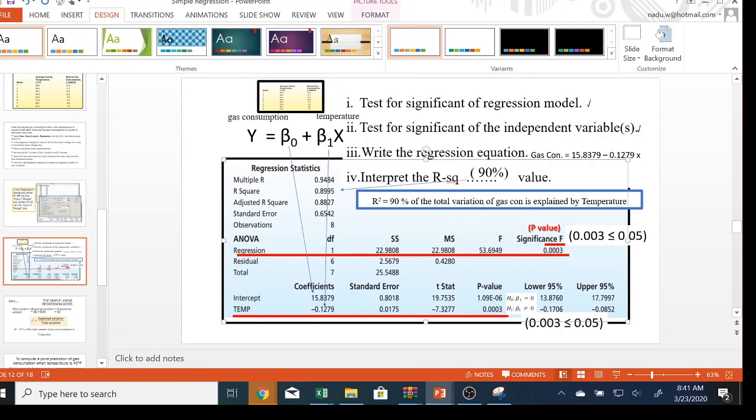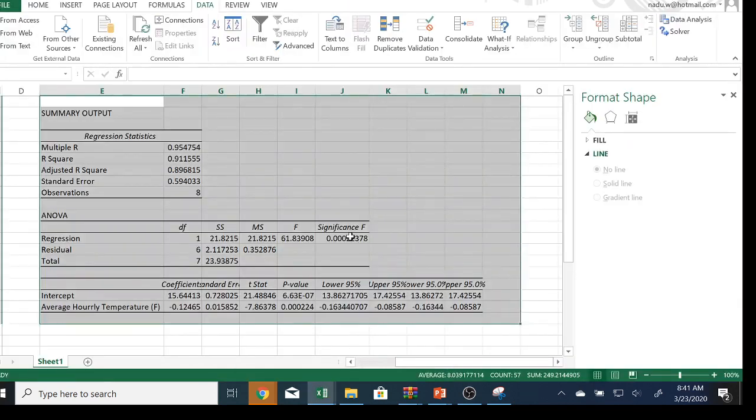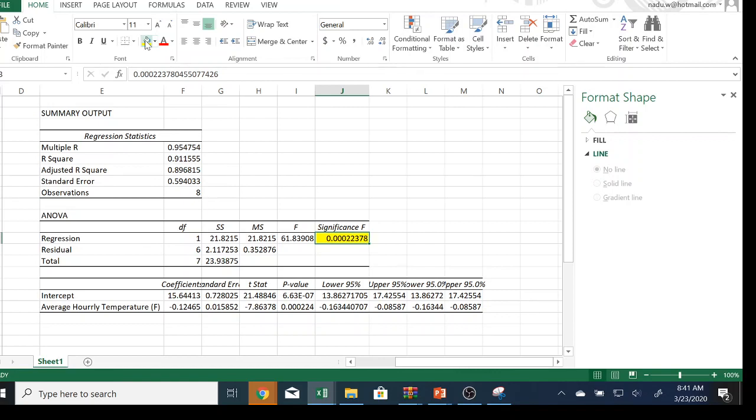First, you have to test for the significance of the regression model. In order to check the significance of the regression model, you have to look at this value, the significance F for the regression model.